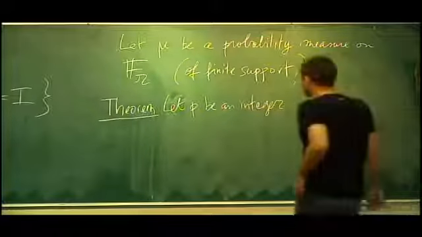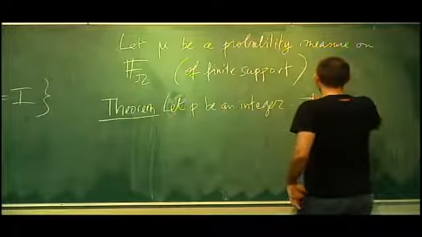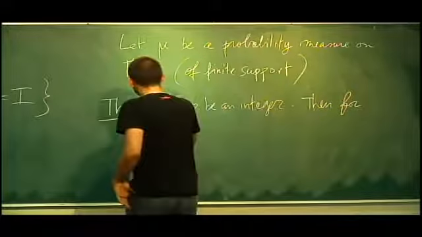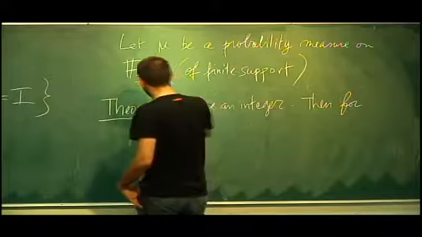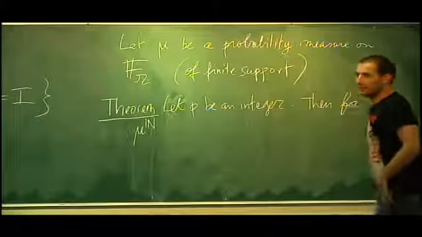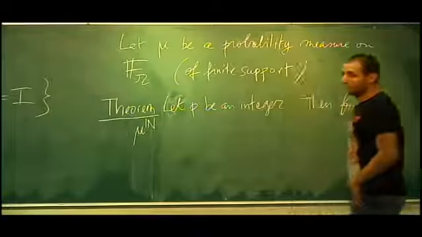So you take an integer p. Then to pick at random a sequence of elements is the same as taking a sequence of elements in the group G, which is generic with the Bernoulli measure mu to the n.